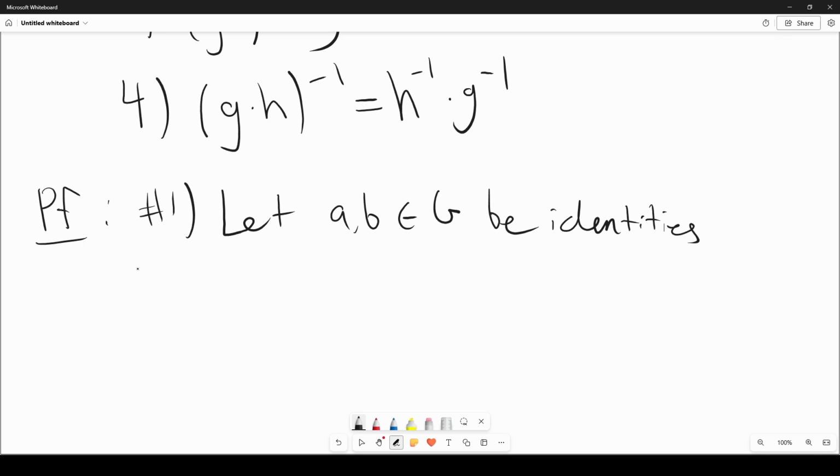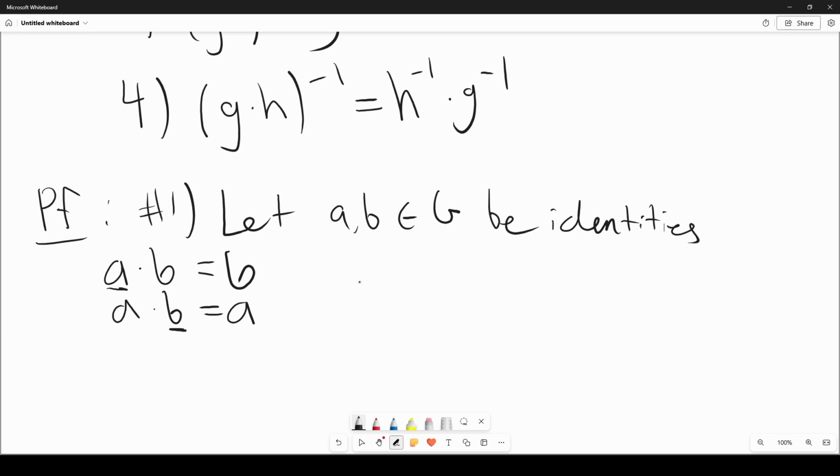that we then have, what happens if I multiply them together? Well, A times B, if I think of A as the identity here, then A times B doesn't change B, so I get B out. But now if I look at A times B and think of B as the identity, A times an identity doesn't change A, so you get A out.